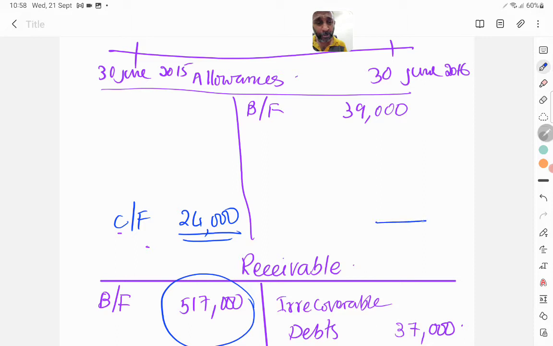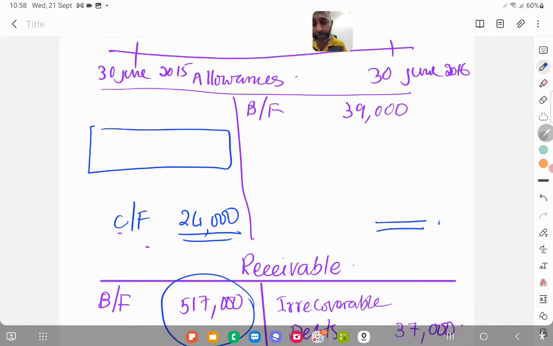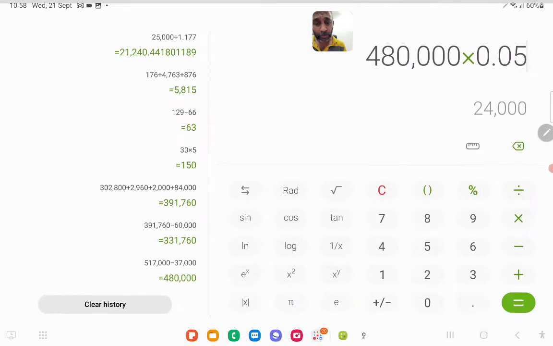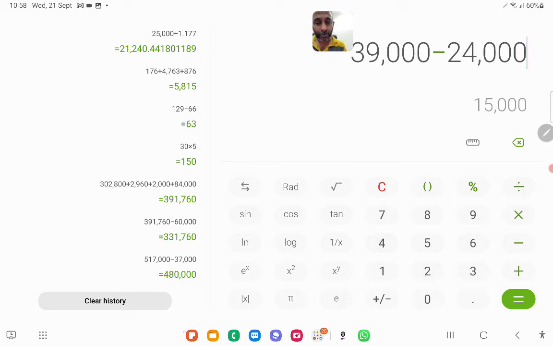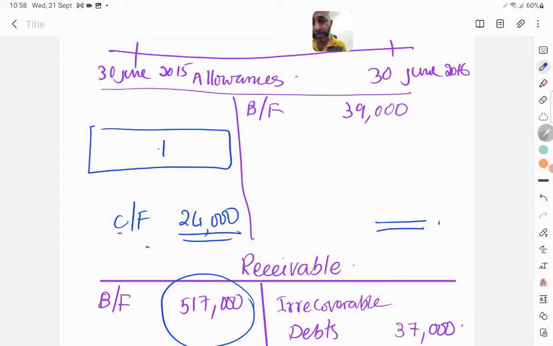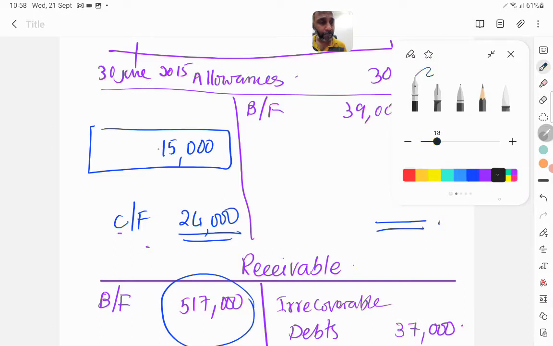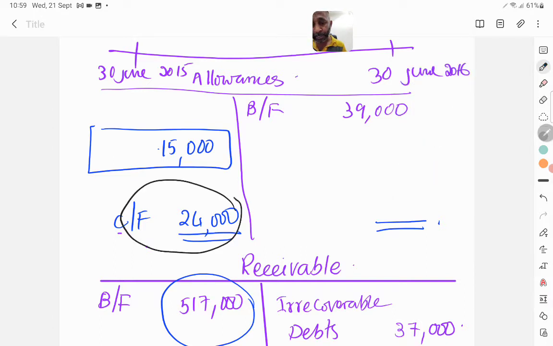So when I have this closing balance, then I have a balancing figure here. That is 39,000 minus 24,000, which is 15,000.